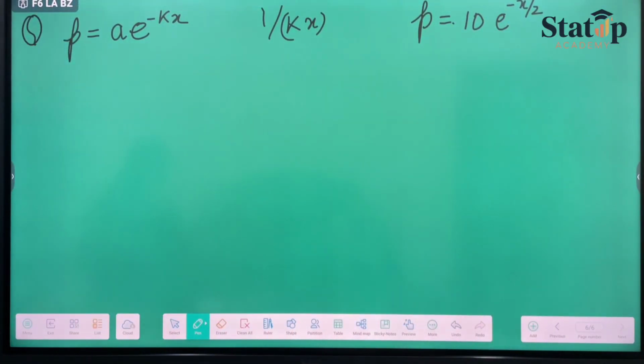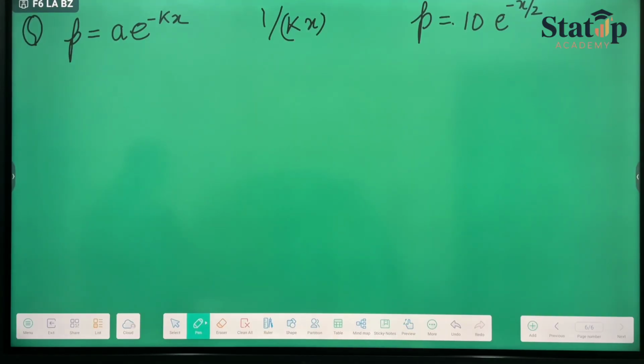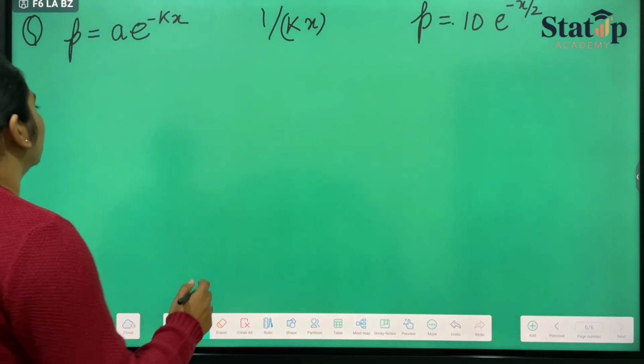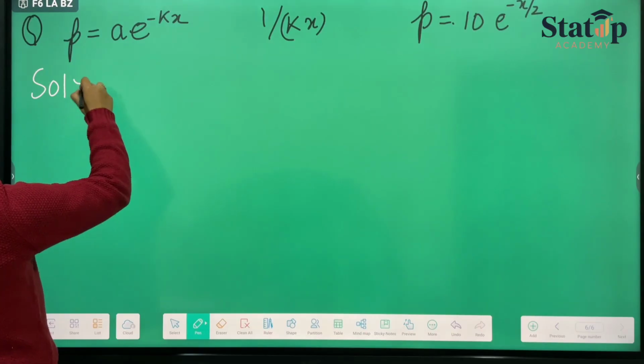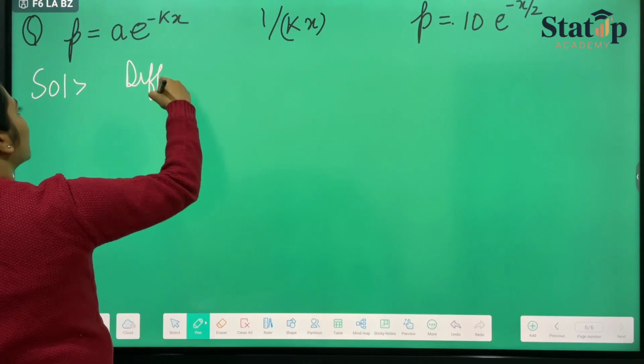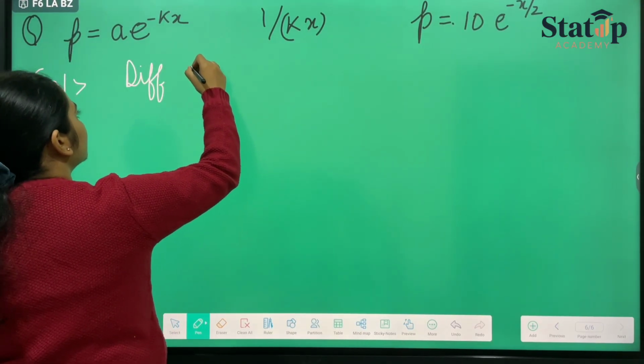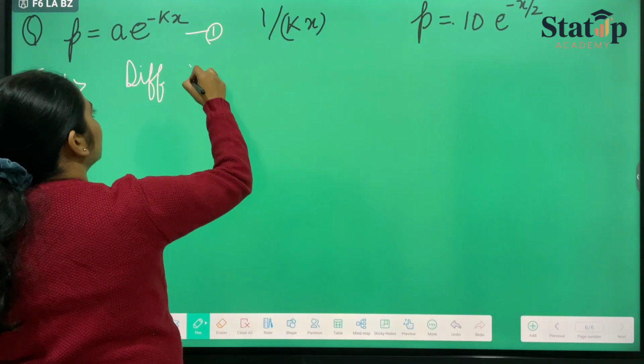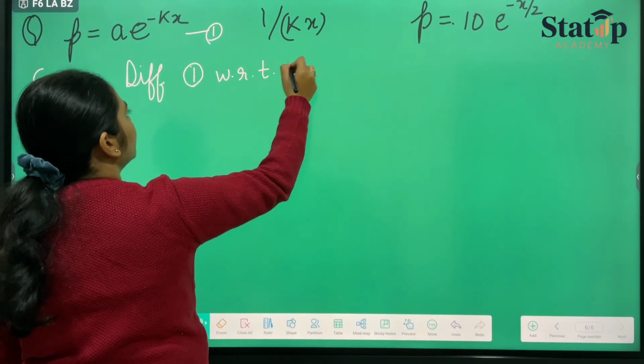First of all, if the demand curve is of the form p equals a into e raised to the power minus kx, where p is the price and x is the demand, prove that the elasticity of demand is 1 upon kx, hence reduce the elasticity of demand for the curve p equals 10 e raised to the power minus x by 2. So this is our function. Now first of all, we will differentiate equation 1 with respect to p.